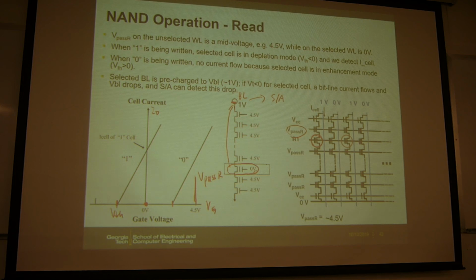Because for those transistors on the top, you don't care if it's 0 or 1. What you care about is this cell. That means you want to fully turn on those transistors. So you need to assume those transistors may be in the 0 state, and to turn them on you need to apply a voltage larger than this one.